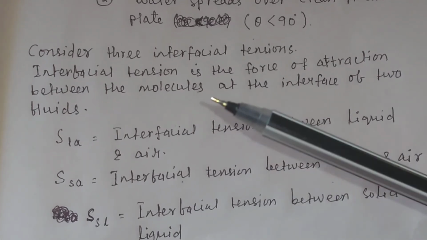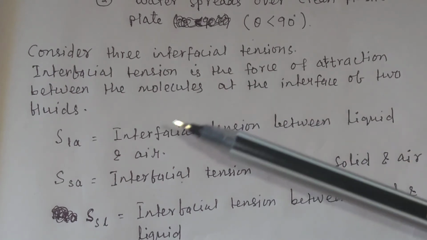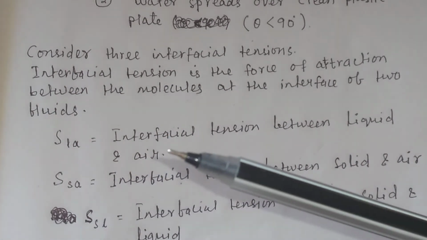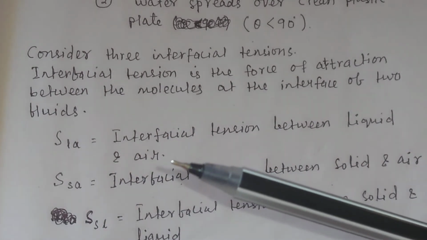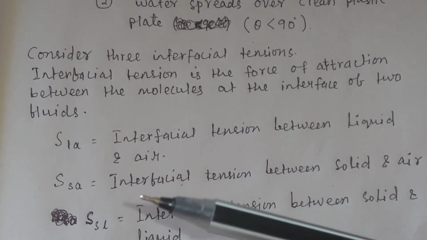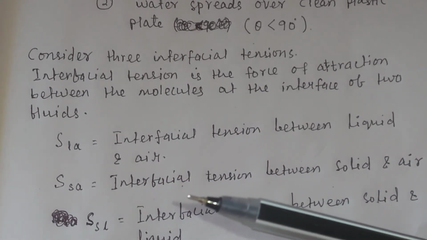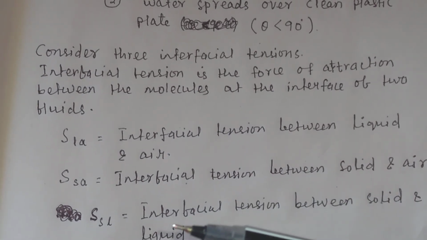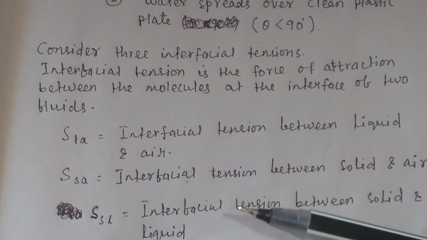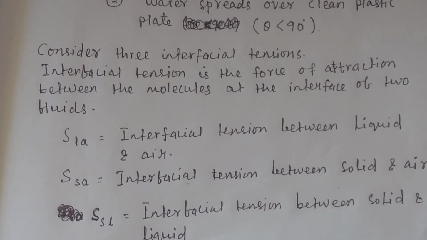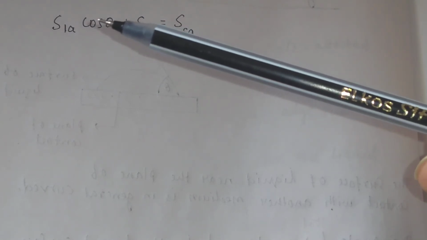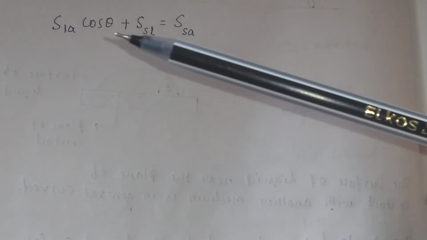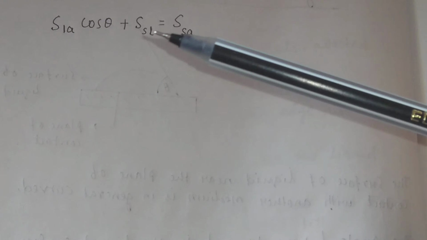So if you consider the three interfacial tensions, you arrive at this relation: S_LA cos theta plus S_SL is equal to S_SA.